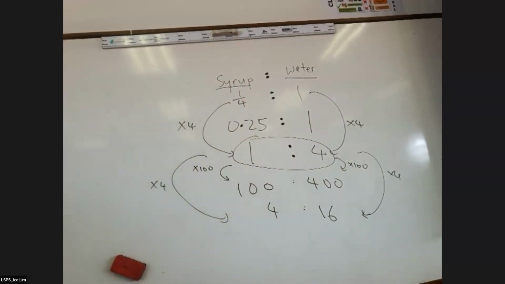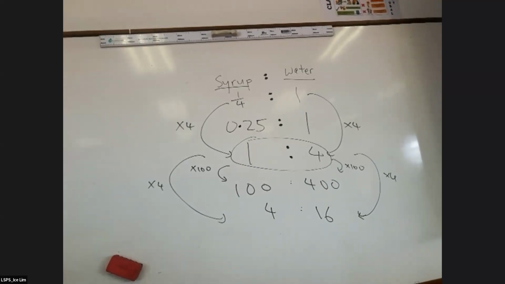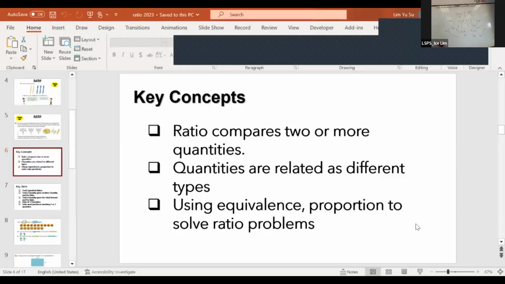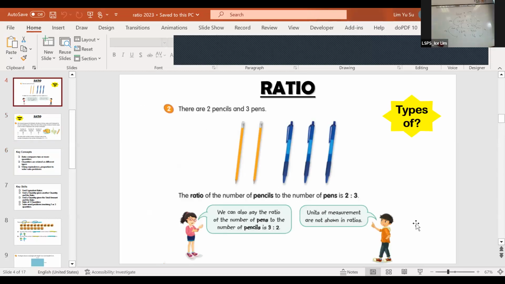That's why when I want to use a ratio, it compares 2 or more quantities. It's got to do with trying to understand the different types of things. And previously we talked about, as a result, in our simplest ratio, we keep to using whole numbers rather than decimals.